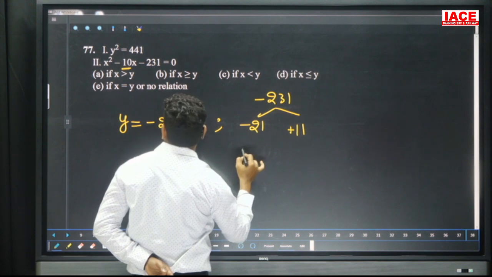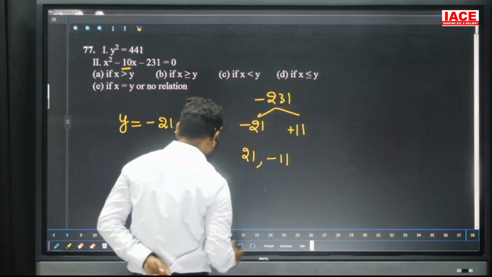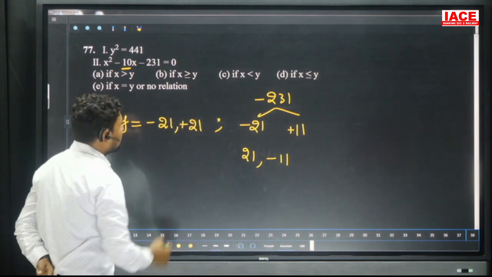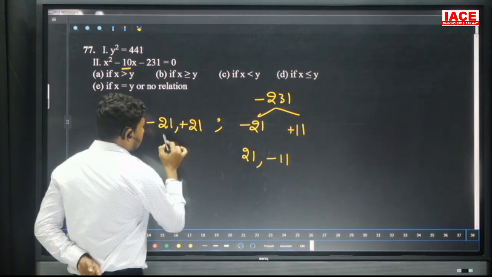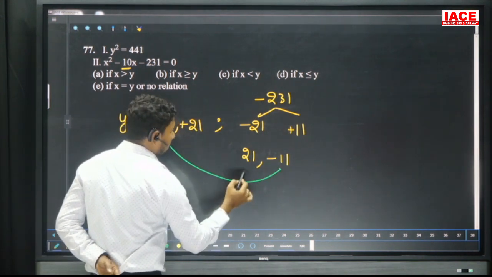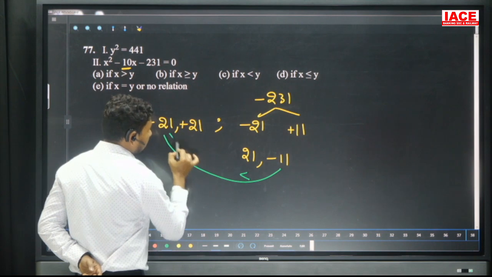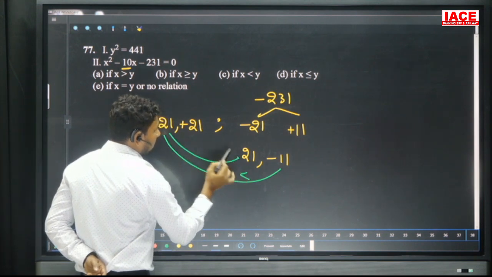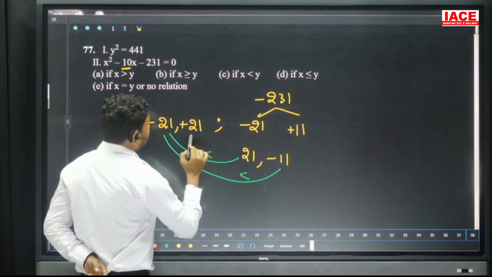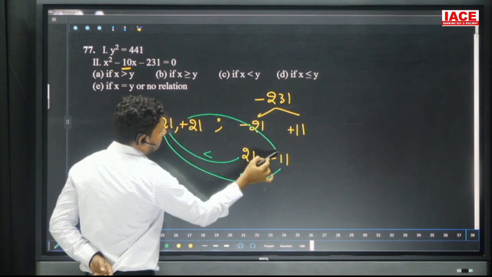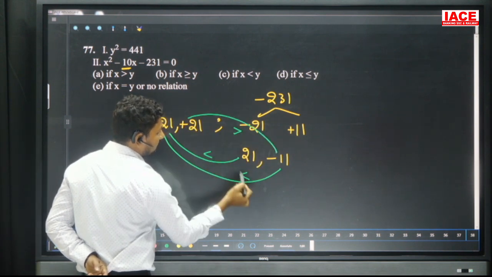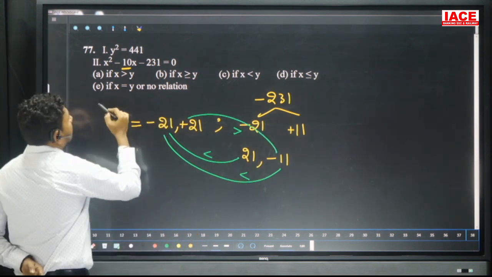But final factors are 21 comma minus 11. Then compare it here. So here minus 21 to minus 11, minus 11 is bigger. Minus 21 to plus 21, plus 21 is bigger. Okay. Then plus 21 to minus 11, plus 21 is bigger. One less than, one greater than. Then relation is what? Cannot be determined. No relation.